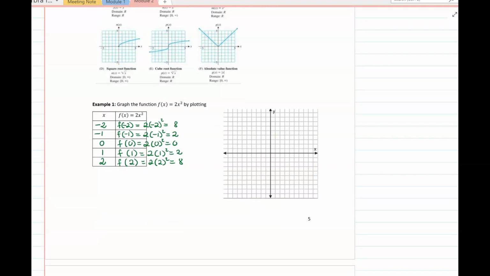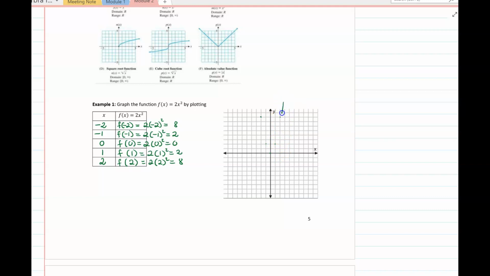So x equals -2, y equals 8. Here's our first point. Second point, when x equals -1, y equals 2. Then 0, 0; 1, 2; and 2, 8.